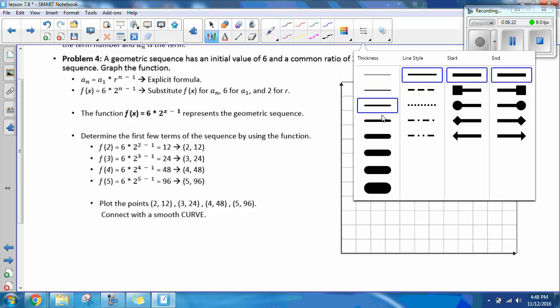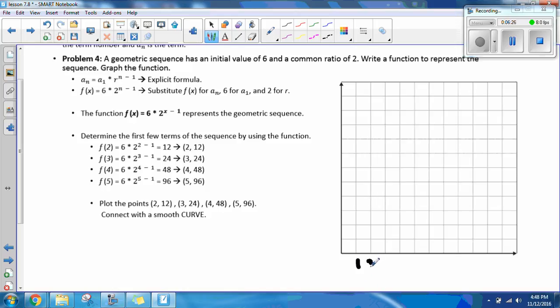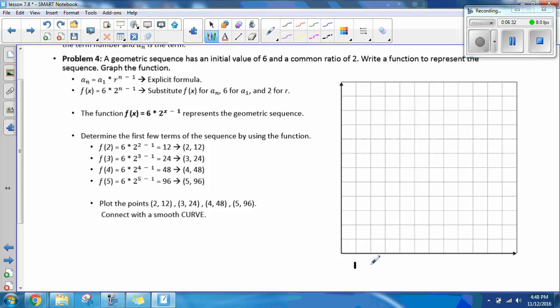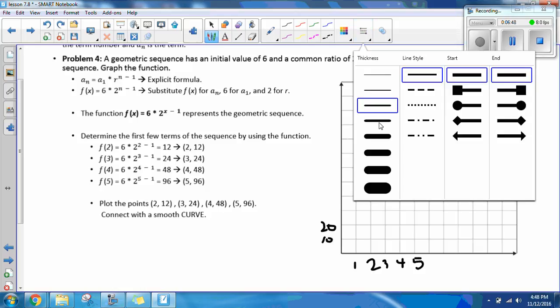and we're just going to go by ones here. So 1, 2, 3, 4, 5. And here we're going to go by tens. I'm not going to fill everything out. I'm just going to have you use your imagination, and we're going to plot the points.